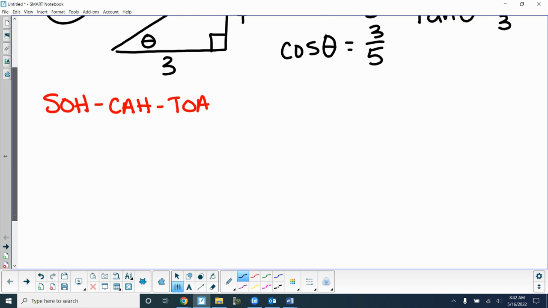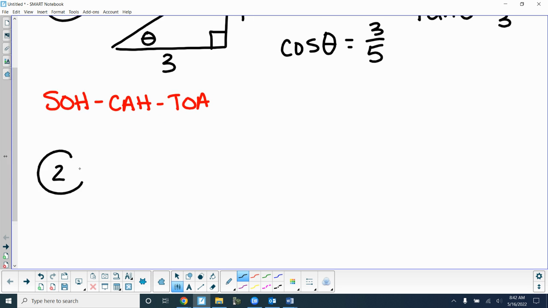Okay, so number 2 is very similar, but you have to find the other 3. Cosecant, which goes with sine, secant, that goes with cosine, and cotangent, that goes with tangent. And all you do is flip your fractions, right? They're reciprocal.